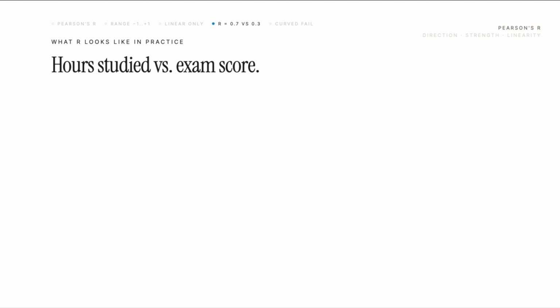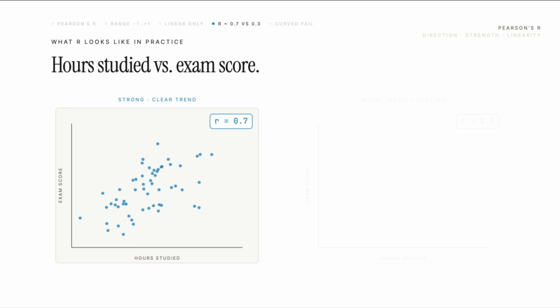What does correlation look like in practice? Well, if I collected data on students' hours spent studying and their exam scores, and I find R equals 0.7, that's a fairly strong positive correlation. Most students who study more do score higher, but not all of them. If I plot this, I'd see a cloud of points that trends upward from left to right, a meaningful pattern, but with clear variation around it.